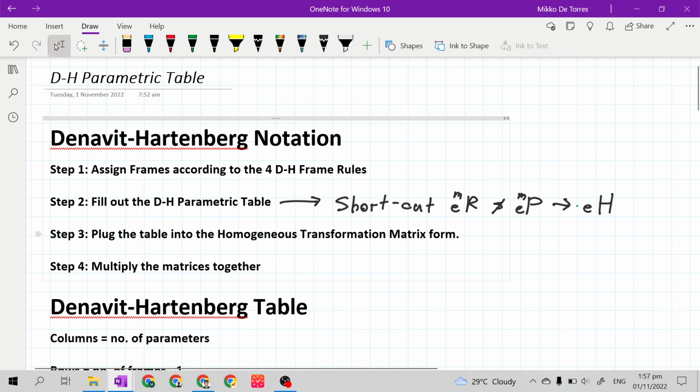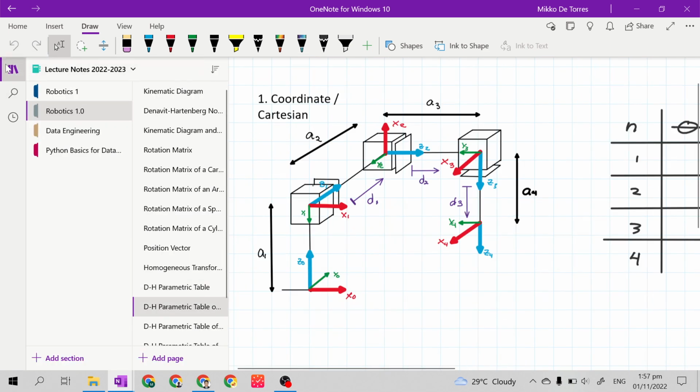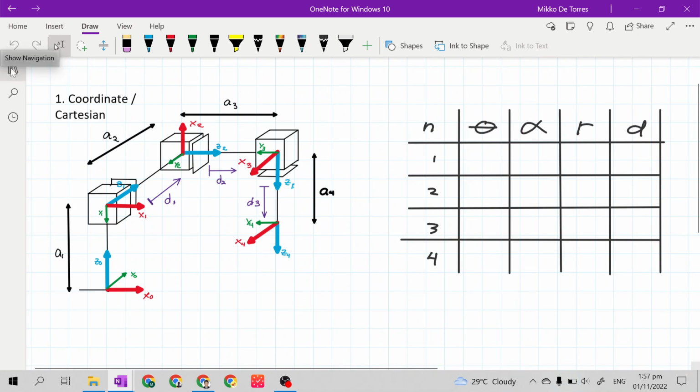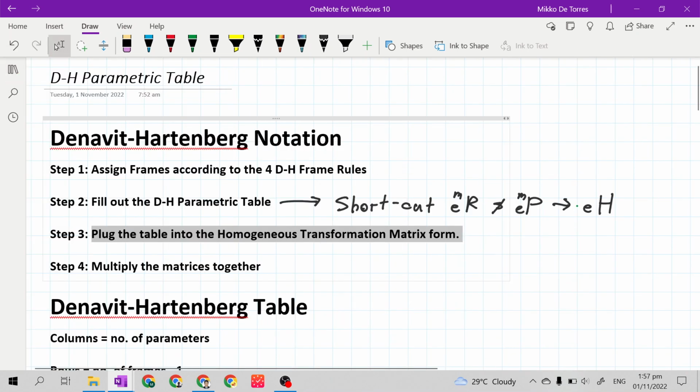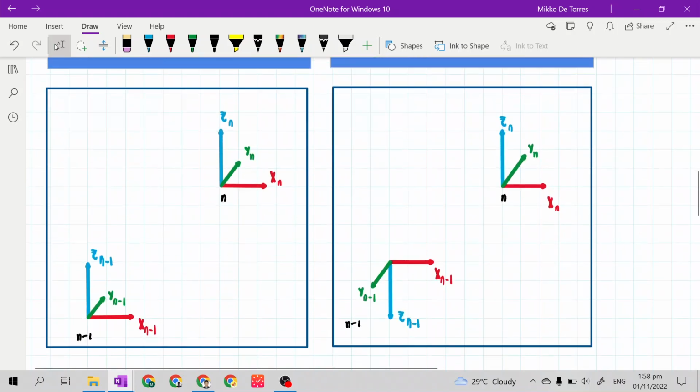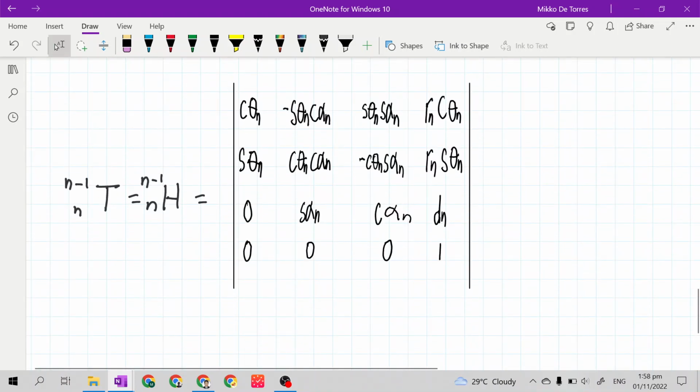Then step 3 is to plug the table into the homogeneous transformation matrix form. After filling out this table, we will convert the table into a homogeneous transformation matrix using this standard formula, which came from the derivation of the rotation matrix and the position vector.